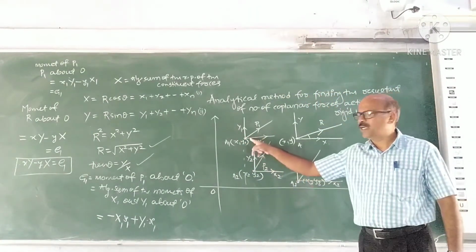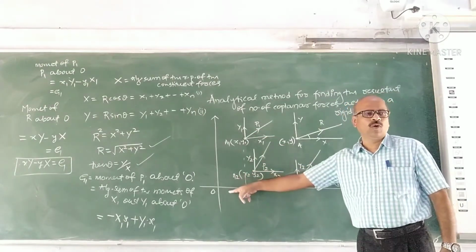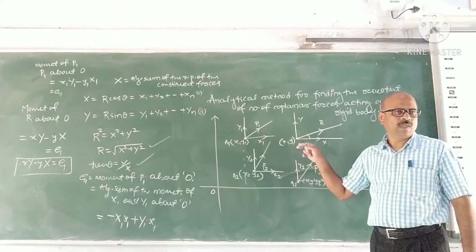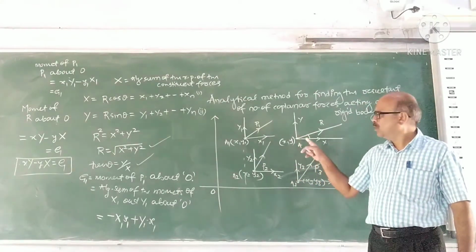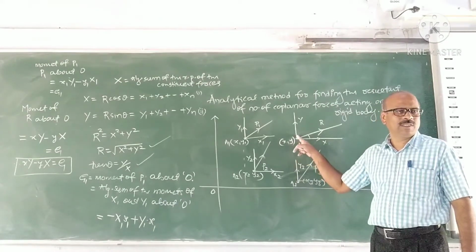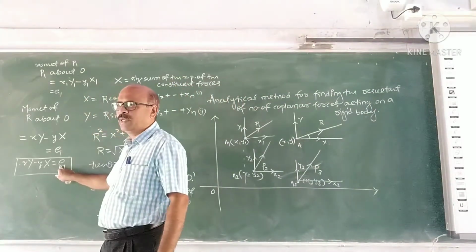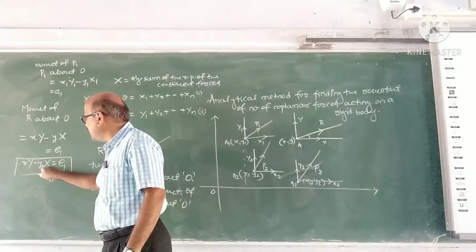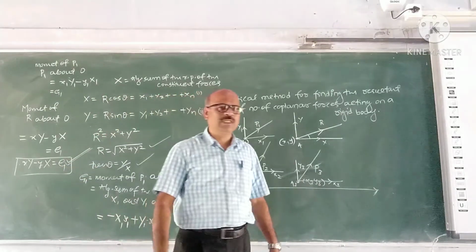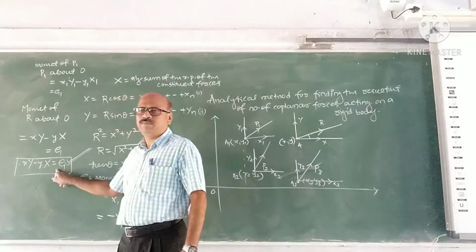That is why we have obtained separately the moment of P1 about O, the moment of P2 about O. All this sum is the moment of R about O. But the moment of R about O is xY minus yX, and suppose it is equal to G. Now, xY minus yX is equal to G. This gives the equation for the resultant.